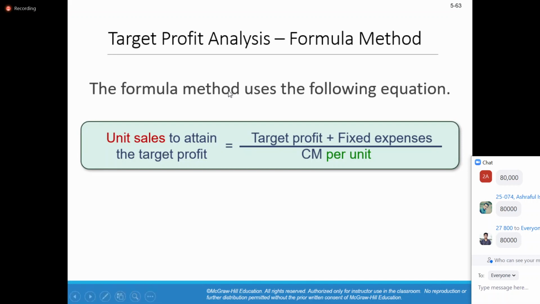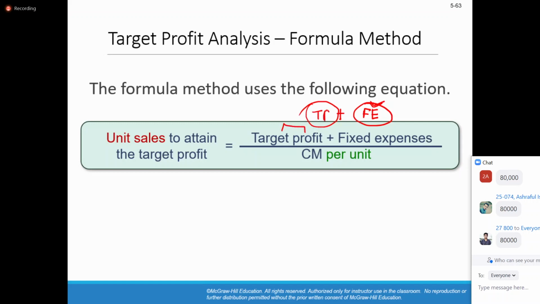So you see that we now need to cover at least two things with our contribution margin. Which ones? First of all, fixed expenses, which was solely what we covered in the break-even calculation. Now, in addition to fixed expenses, we would like to achieve a certain amount of profit. That is the target profit.